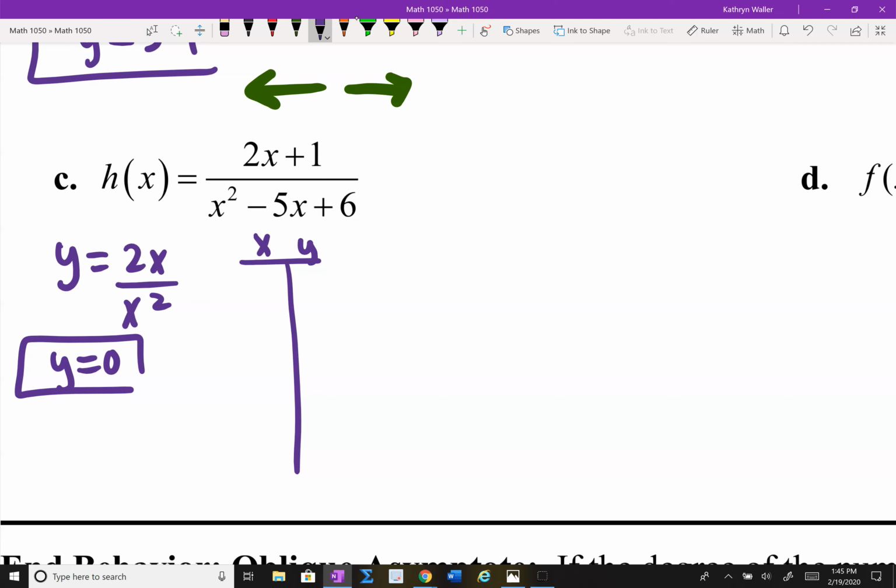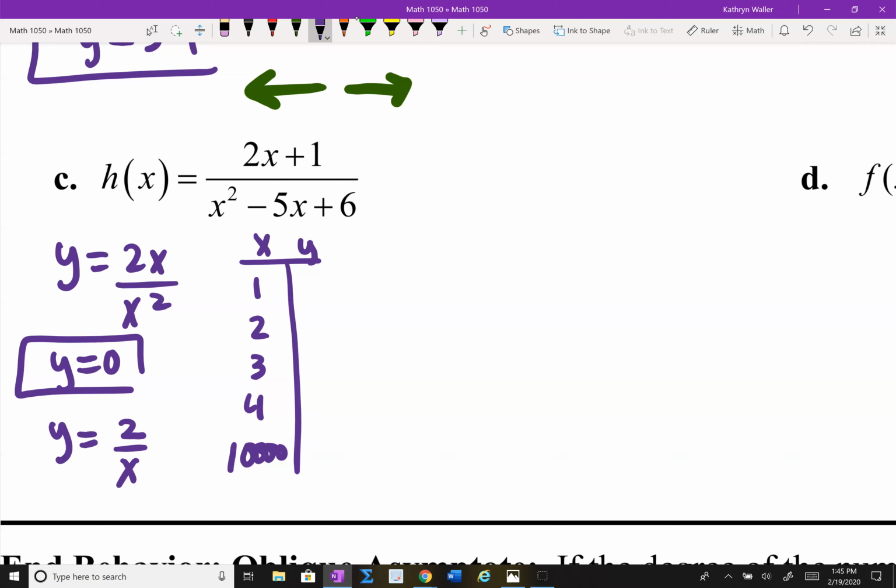The end behavior, the non-vertical asymptote, as x gets big and as x gets small, where does my graph go? Okay, take your x and start with a 1. Then make it bigger. 2, 3, 4, 10,000. I know that was a big jump. If you reduce x over x squared, that gives you y equals 2 over x.